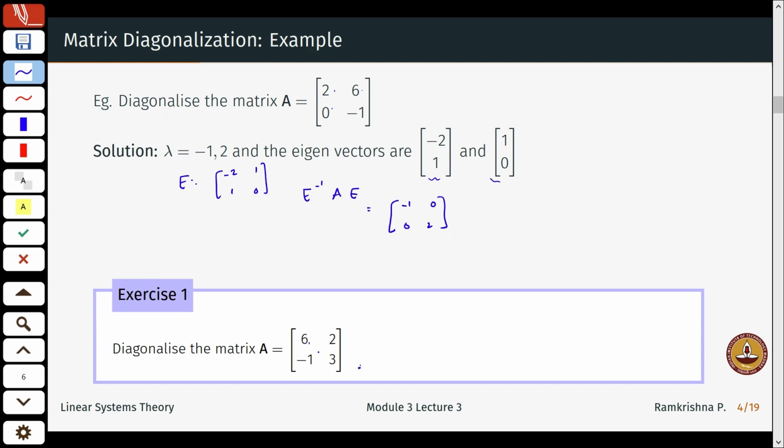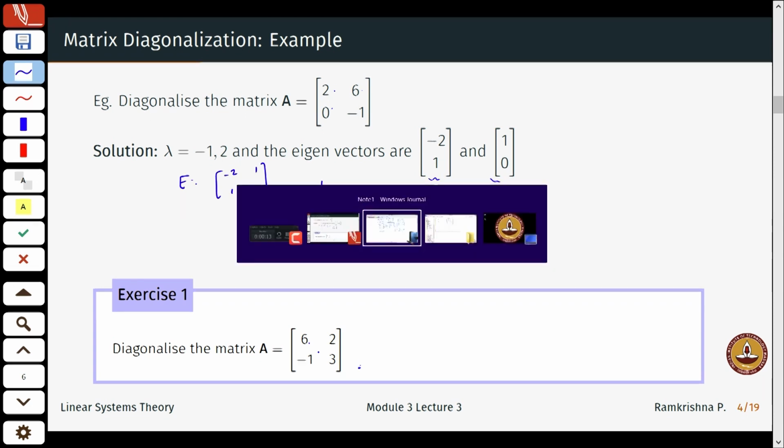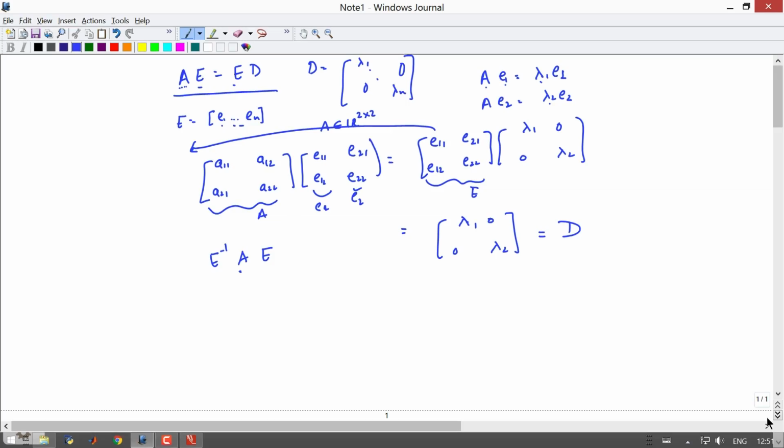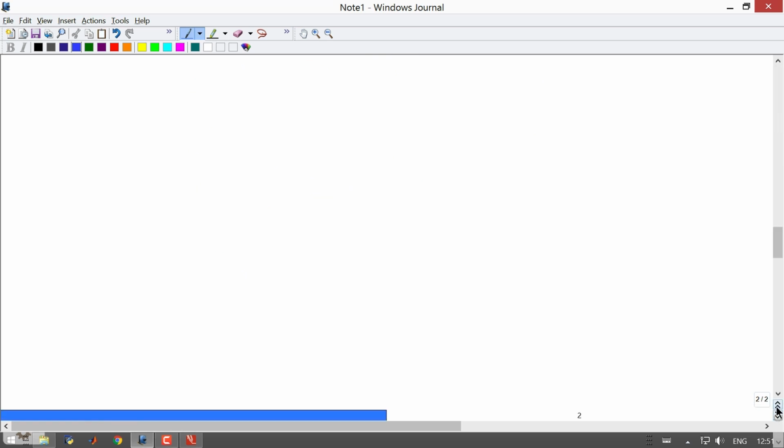Okay, what else can I do with these diagonal matrices? I have a beautiful looking diagonal representation. One possible application: given a matrix A, how do I compute A square? Again, it satisfies the condition that it is diagonalizable, that it has n independent eigenvectors. What was the expression?